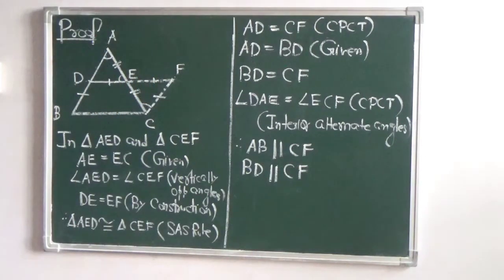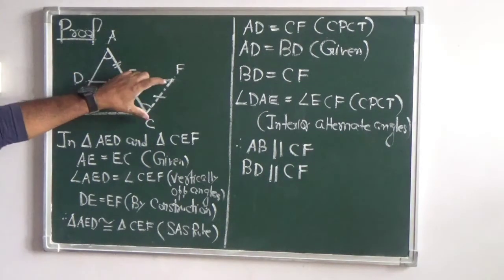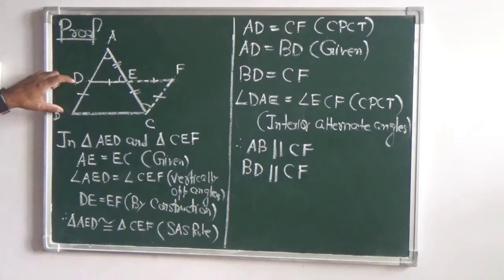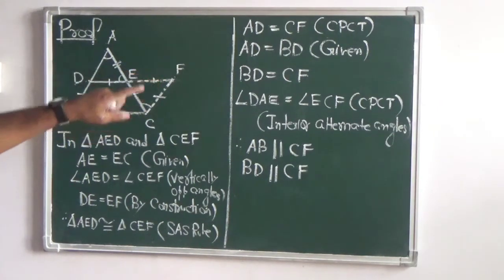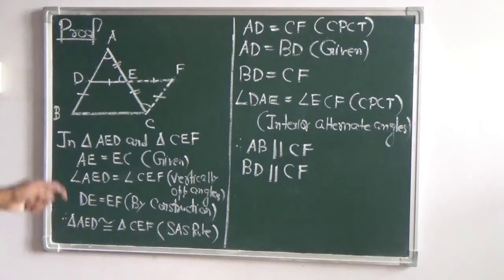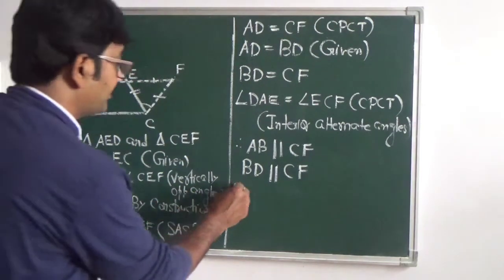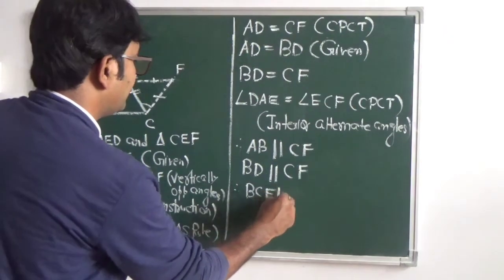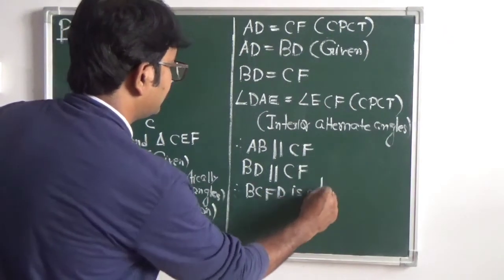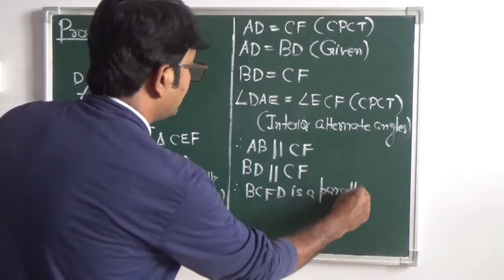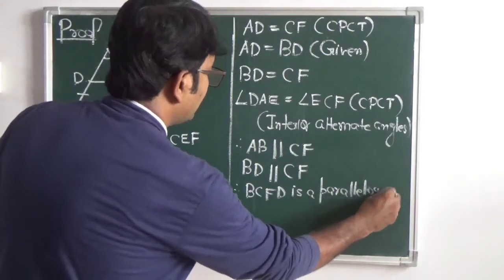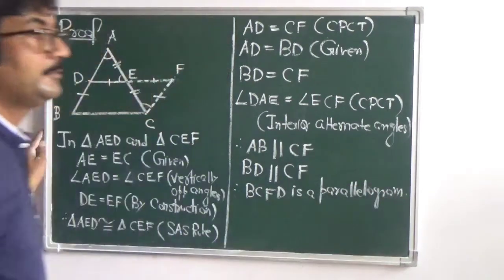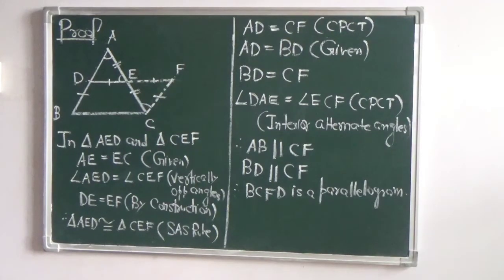Now we have BD is parallel to CF and BD is equal to CF, that means this is a parallelogram. Therefore BCFD is a parallelogram. And by the property of parallelogram we know that opposite sides are equal and parallel.